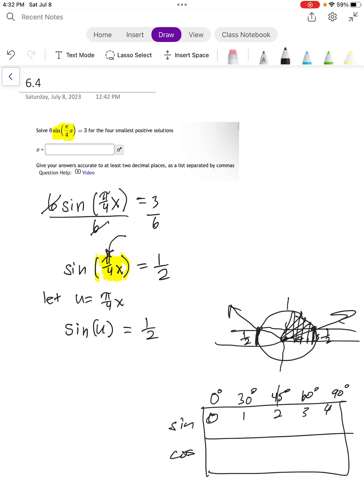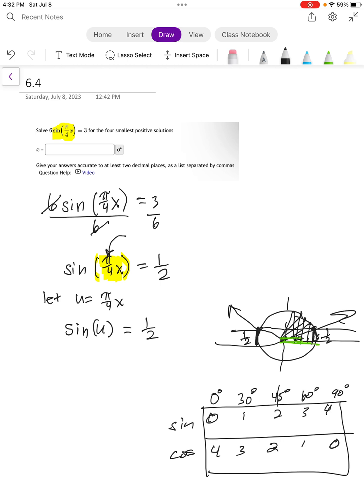And then cosine, if you focus on just the x-coordinate, this distance of the triangle, that's getting smaller when you go from 0 to 90. So that makes sense that we're going to go 4, 3, 2, 1, 0.